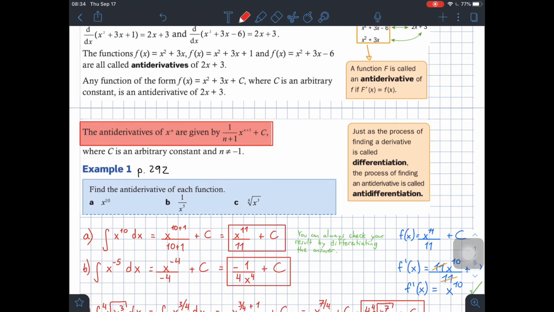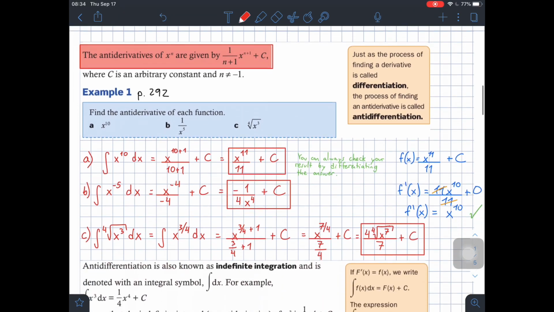One thing you need to remember is that whenever we find an antiderivative, we always have to add a plus c at the end whenever we're talking about indefinite integration, because there are actually infinite possible results for an antiderivative, as we can pick any constant number at the end that will make the term zero when finding the derivative. So there are different possibilities for that.